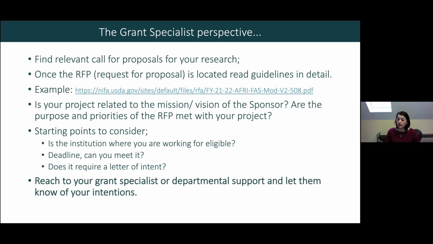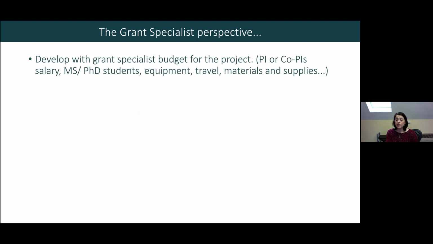So you can start playing the game of writing and having the support as you go along, and not at the last minute. Usually what would happen is that the grant specialist will ask you, what does your project need? Do you have staff working there? Do you have co-PIs? Are you working on a collaborative proposal?